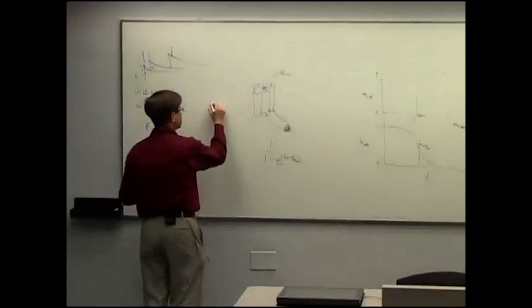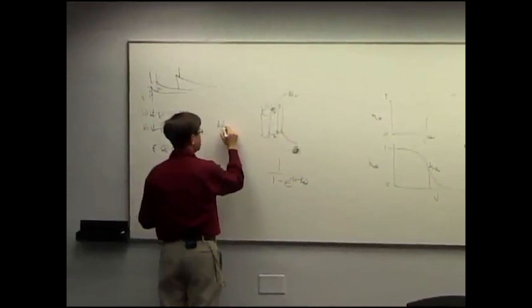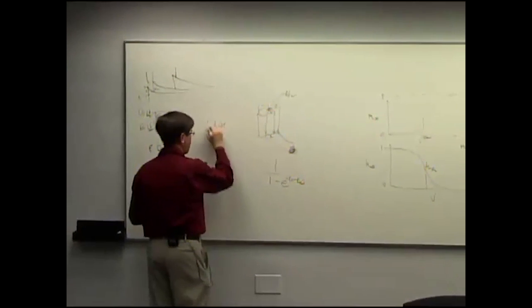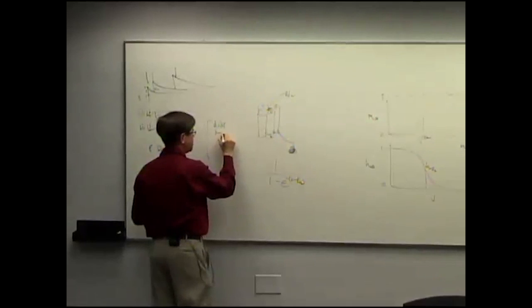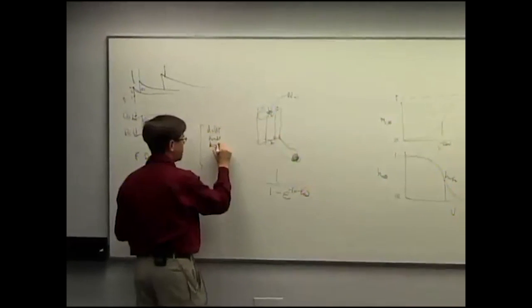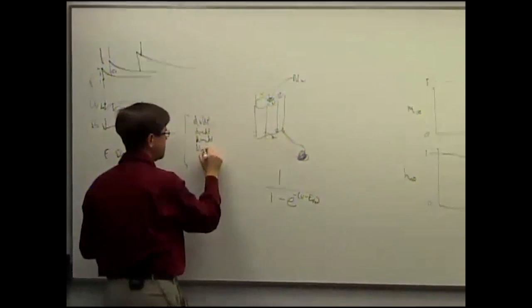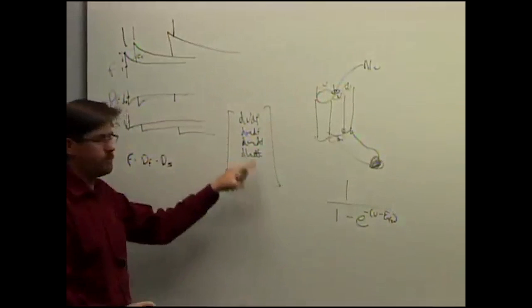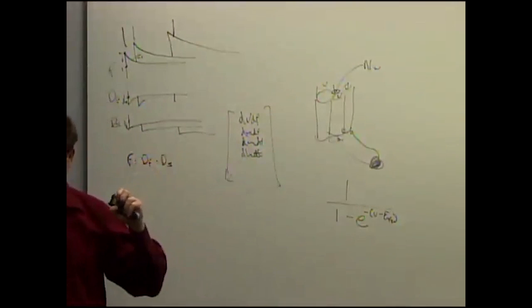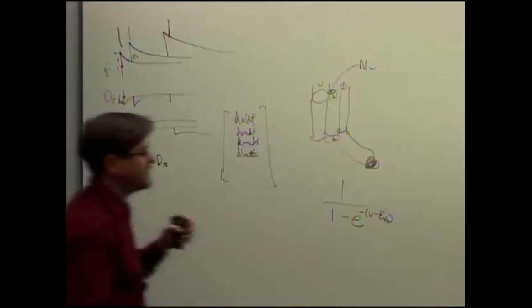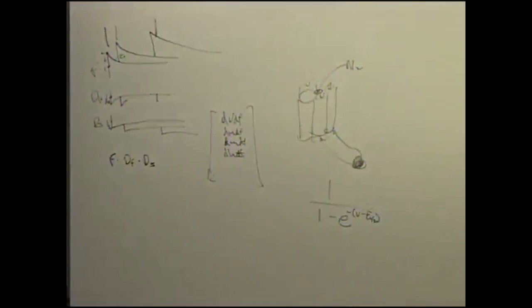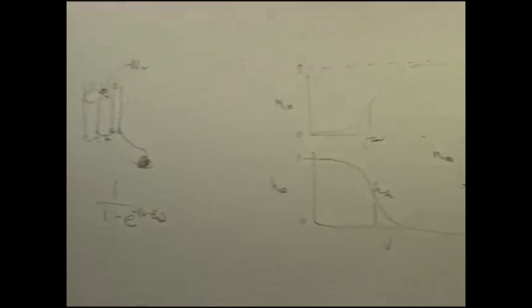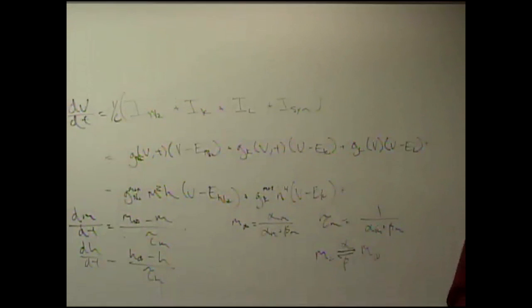So we have a vector which is dV/dt, and we have dn/dt, dm/dt, dh/dt. That's the vector we send out of our Derivs function, right? And so in our synapse, we have these currents, and I said, well, we have another synapse here, and we're going to put in, similar to this, a gating variable.